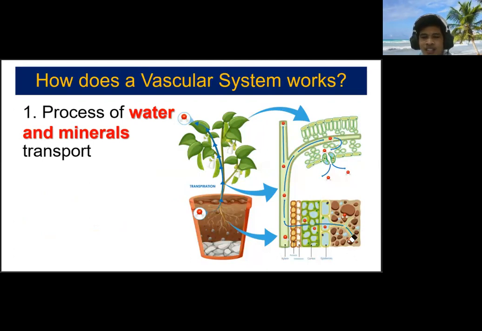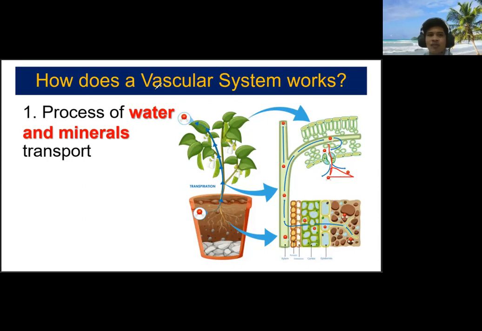Also starting from the roots, nutrients from the fertilizer enter through active transport. Going to the different parts of the plants, when the water leaves the plant, it's called transpiration, through a process called evaporation.